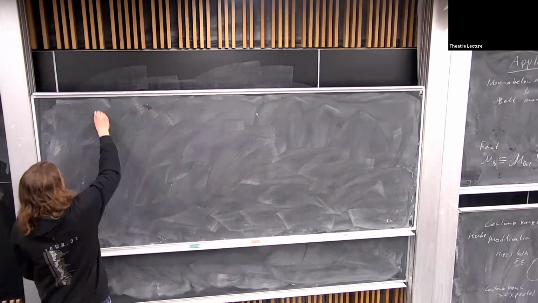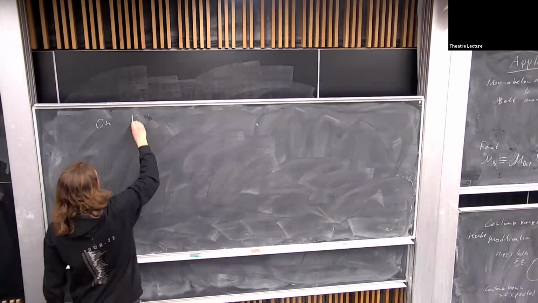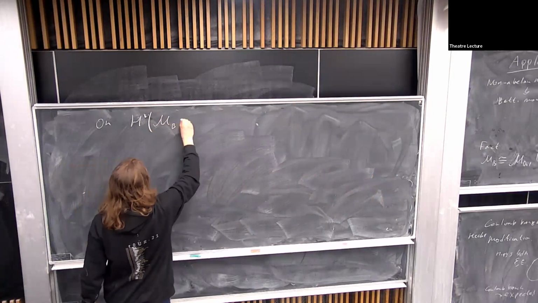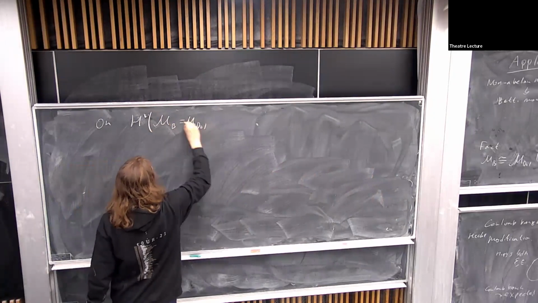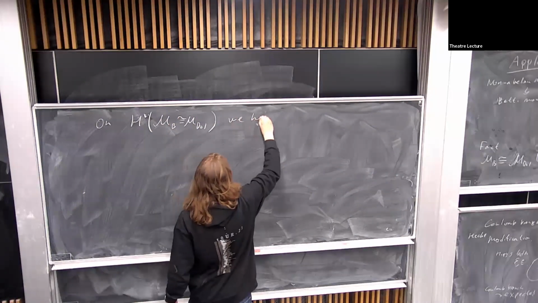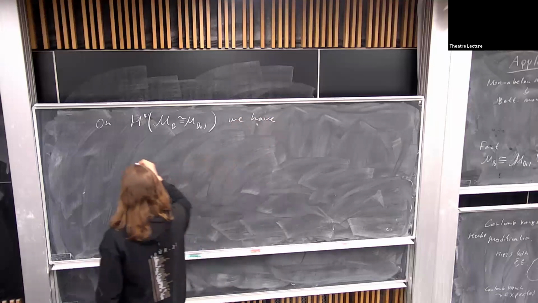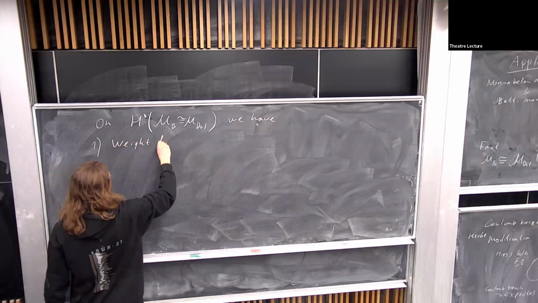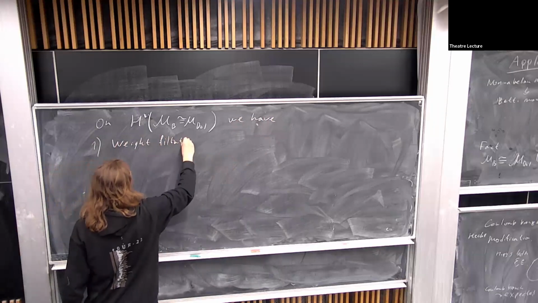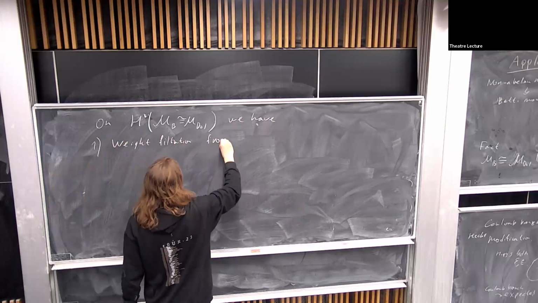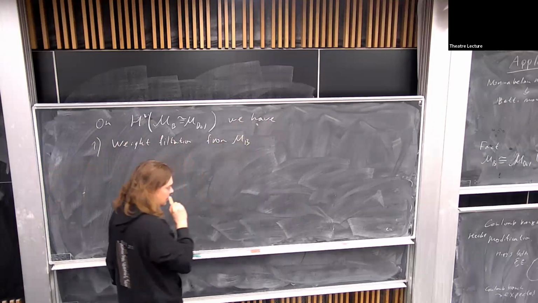So on the cohomology ring of this topological space, we have, first thing, a weight filtration from M_B.